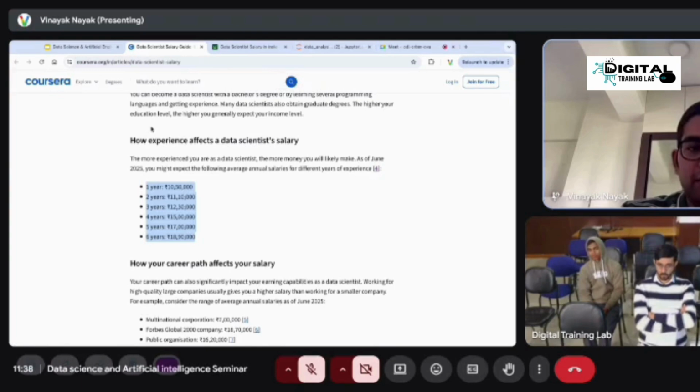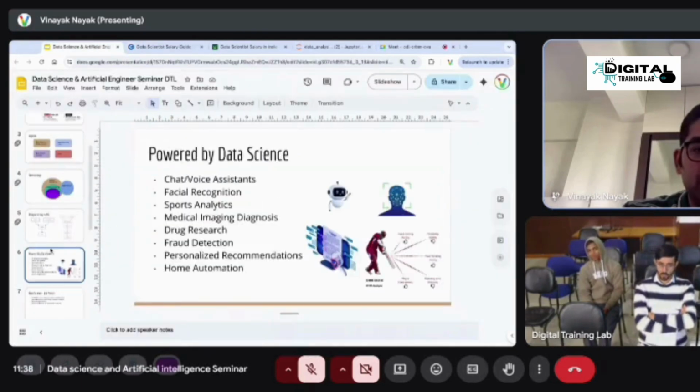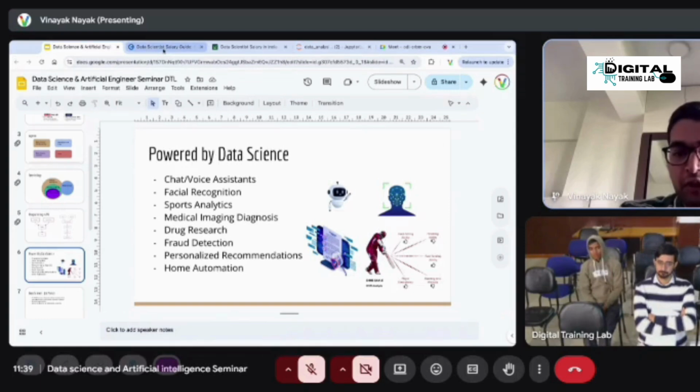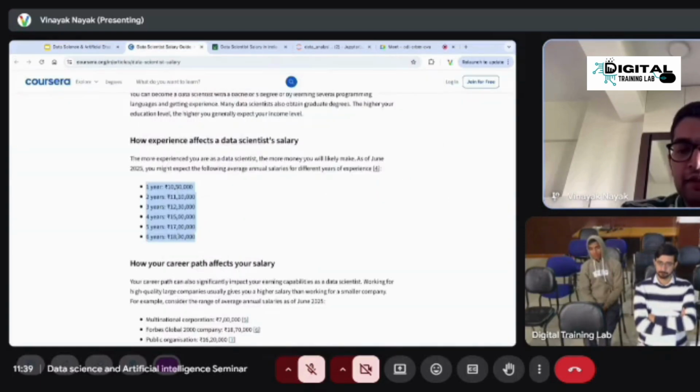So if you are going further into a particular niche, like if you are trying to specifically work on chatbots, or facial recognition, or medical imaging diagnostics and so forth, the numbers are different. The numbers over here are reflecting a median basis. If you know only data science, only some specific algorithms related to, let's say, random forest and decision trees, this is it.